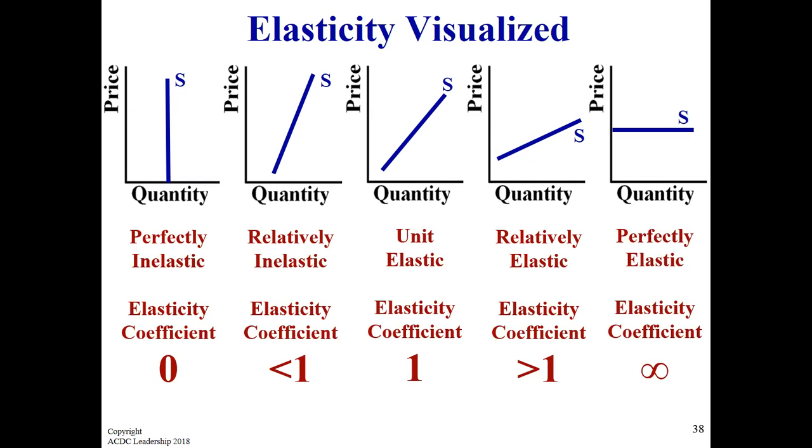But if you remember, this is perfectly elastic, and this is perfectly inelastic. Again, the I looks like an I. The thing you should know, and it's the same as demand: inelastic is less than one, elastic is greater than one. That I think will be important.